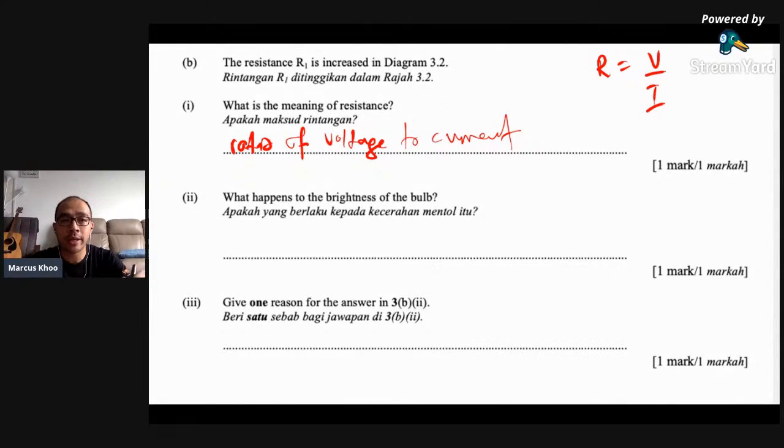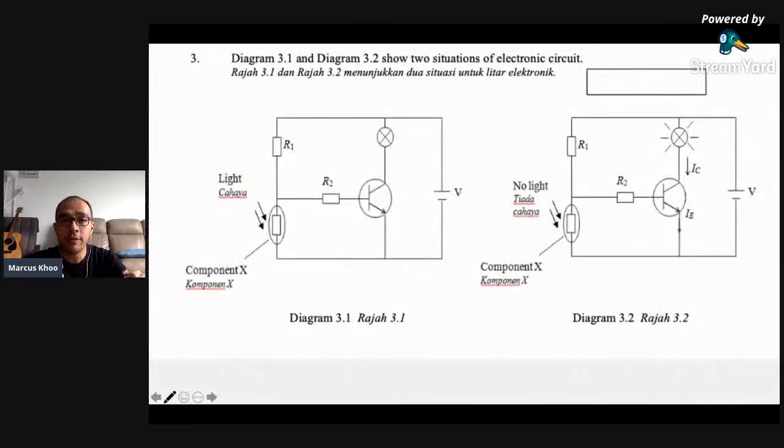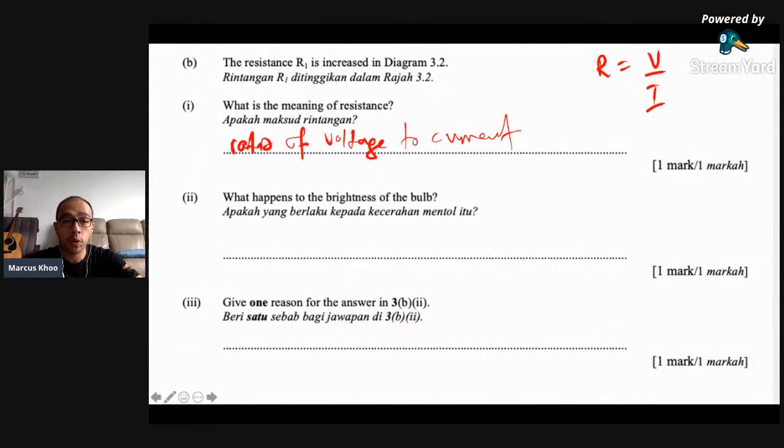So what happens to the brightness of the bulb if we increase the resistance over here in this circuit? If you increase this resistance, more of the potential V will be here. More V here means less V over there. Maybe the bulb is still lit, but it will be dimmer.